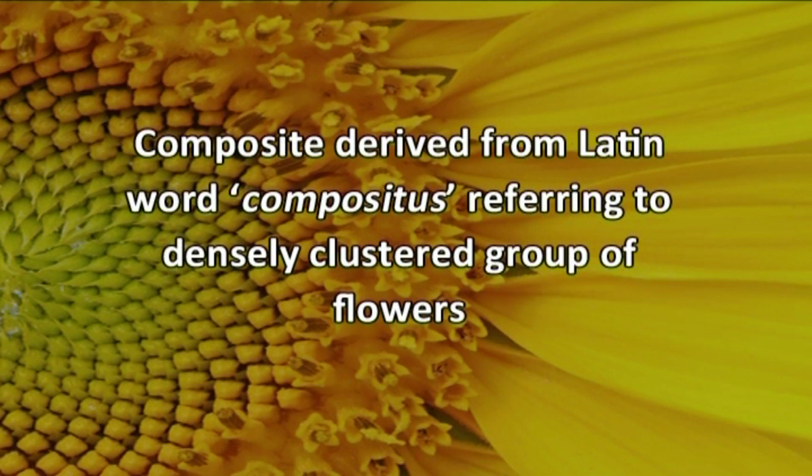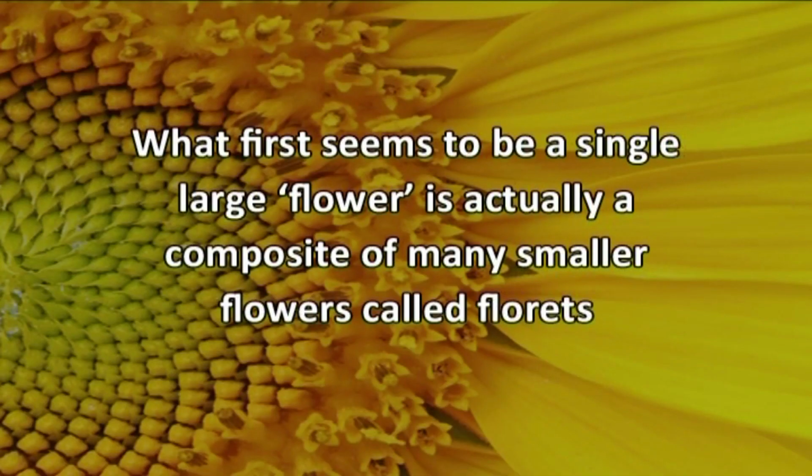The word composite has been derived from the Latin word compositus, which refers to the densely clustered groups of flowers that are characteristic of the family Asteraceae. So, the uniqueness of the family Asteraceae is that what first seems to be a single large flower is actually a composite of many small flowers called florets.